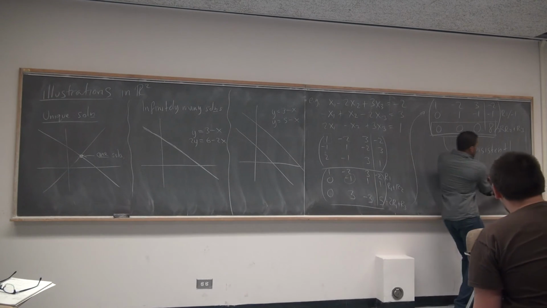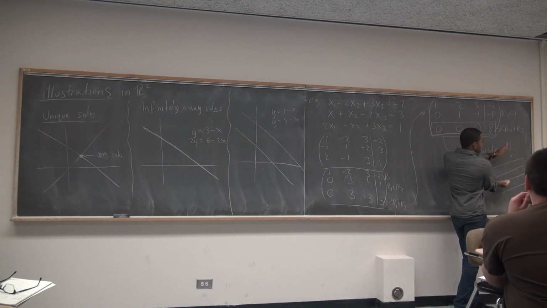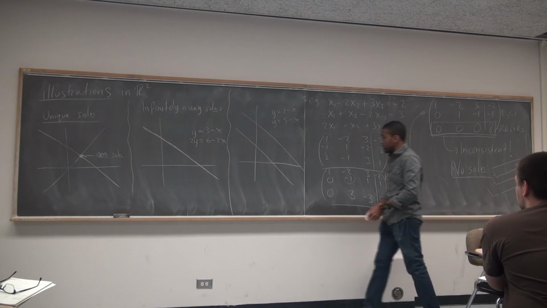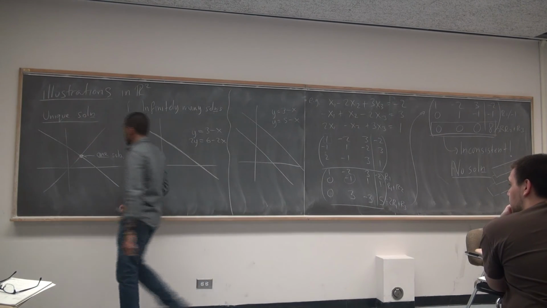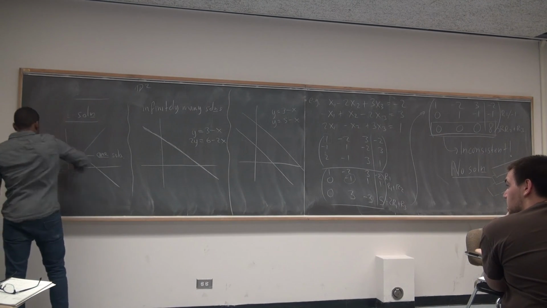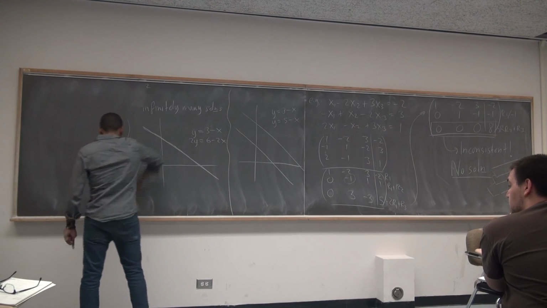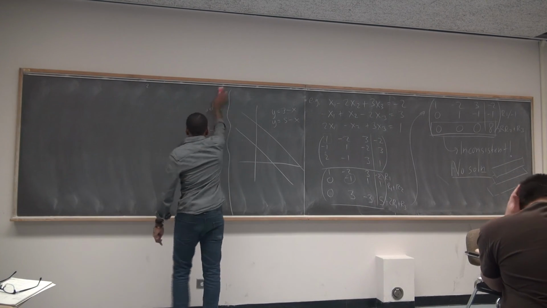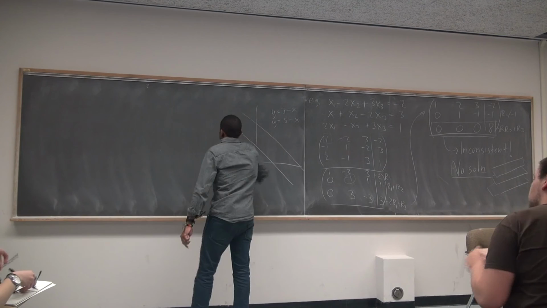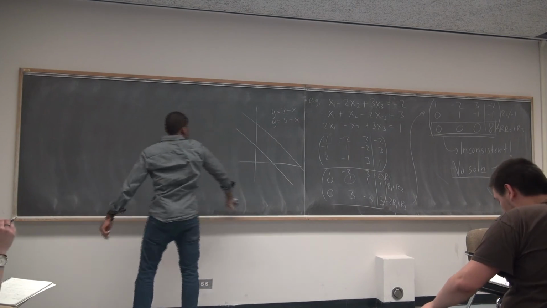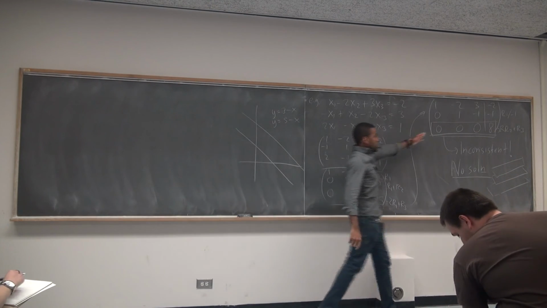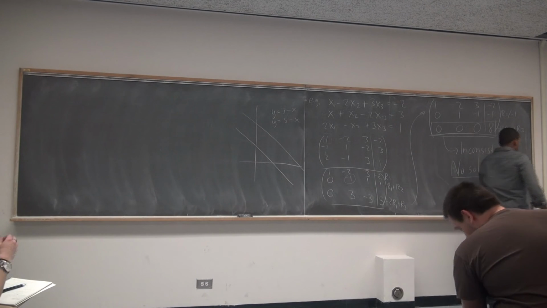Like these 2 could really be combined into 1, but they never hit the 3rd. There's still no solution. That's sort of geometrically what's happening. So once you hit something like 0, 0, 0, something that's non-zero, inconsistent.